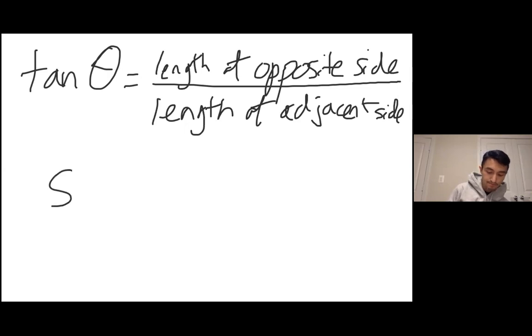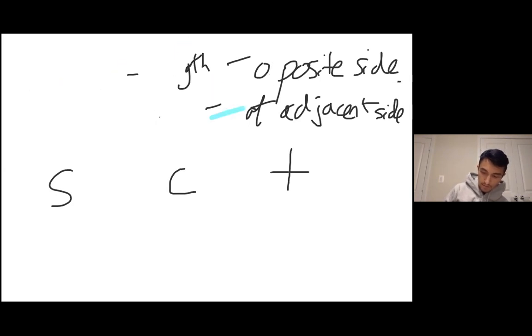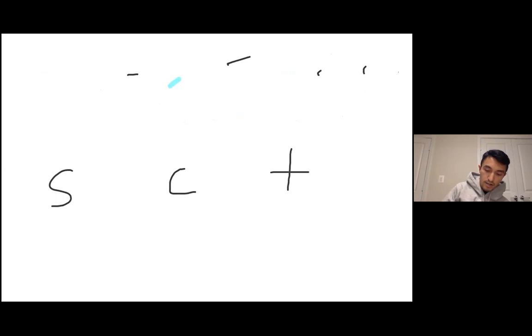So sine, cosine and tangent. Okay, so SCT, right, for sine, cosine, tangent. All right, so this is how you're gonna remember it. So sine is opposite over hypotenuse.